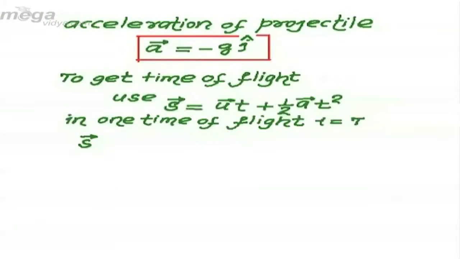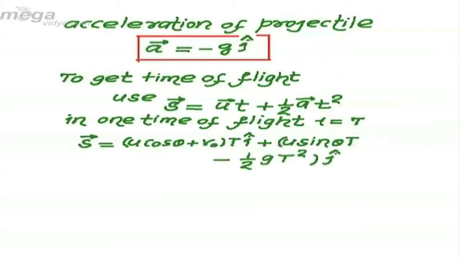Displacement S can be written as (u cos theta plus v naught) into time of flight i cap plus (u sin theta T minus half g T square) j cap.